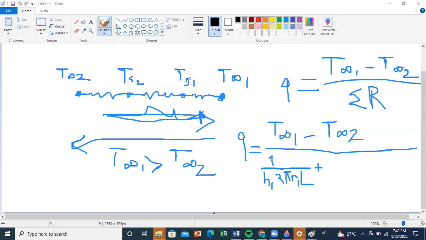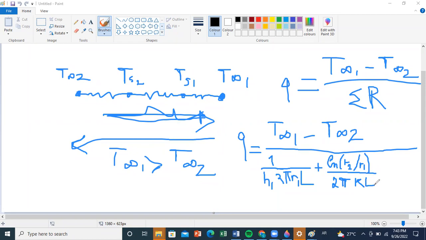We have found out that it's given by ln of R2 over R1 divided by 2 pi times L. Sorry, we have here, I think, yes, still L.